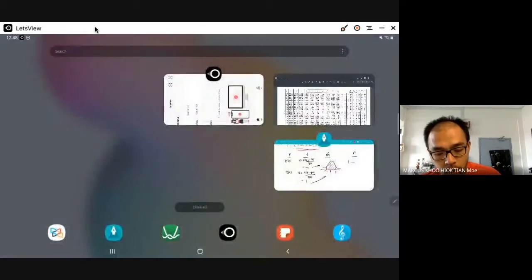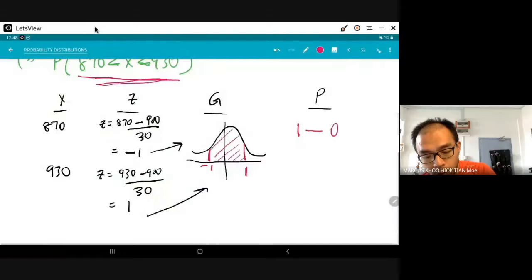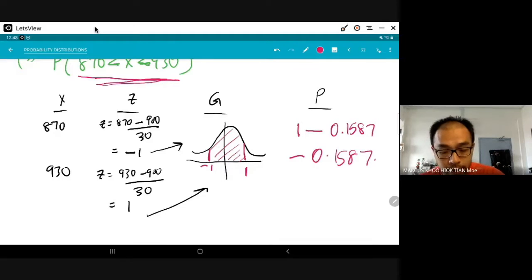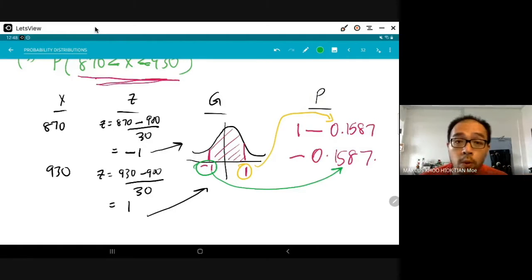So you will get 1 minus 0.1587 minus 0.1587. We minus this reading of 0.1587 and we minus this reading of 0.1587. Then we get the area in the middle. We subtract the areas at the sides and we get the area in the center.